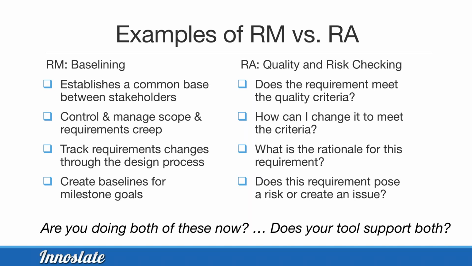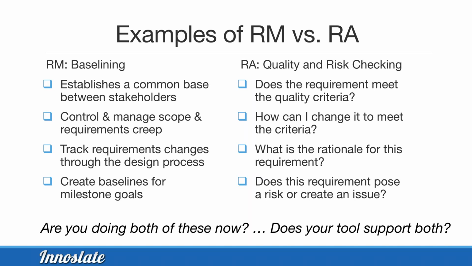Of course, there's tracking requirement changes through the design process. One of the things that happens is you think you've created this great requirement, and you pass it down to designers, and they look at it and say, well, yeah, I can do that, but my gosh, it's going to cost you X. And if you change the requirement slightly, it's going to cost a lot less. Those are the kinds of things that are helpful to track and trace through the process. And you can't say, well, gee, yes, you can change that requirement without understanding the impact it has on other requirements.